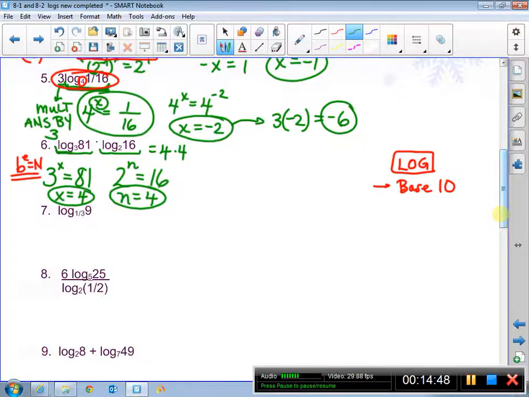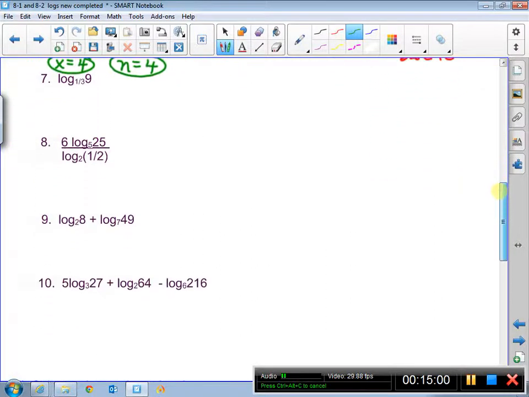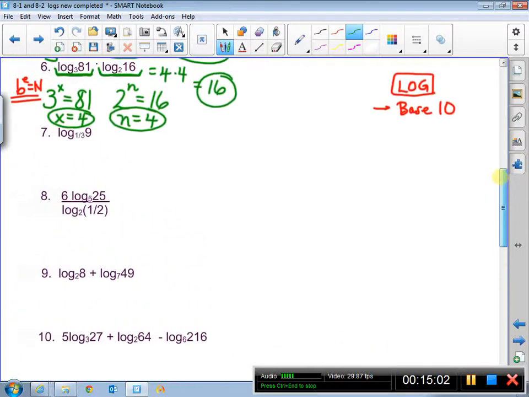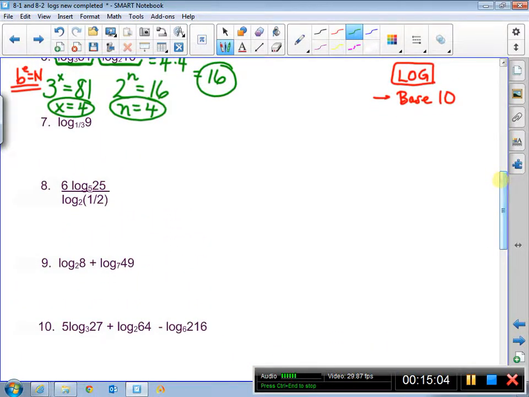So this logarithm is equal to 4, and this logarithm is equal to 4, and 4 times 4 is 16. That was a good one. All right, there's 4 more to do here. Let's try a couple more together and then go on to the next section.